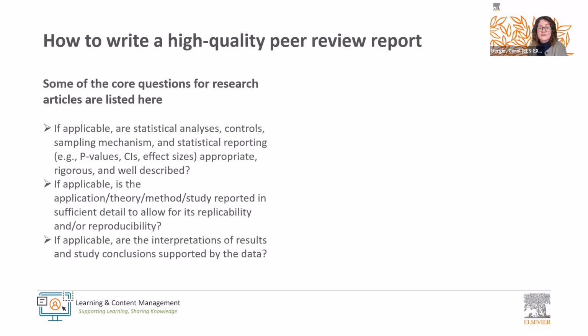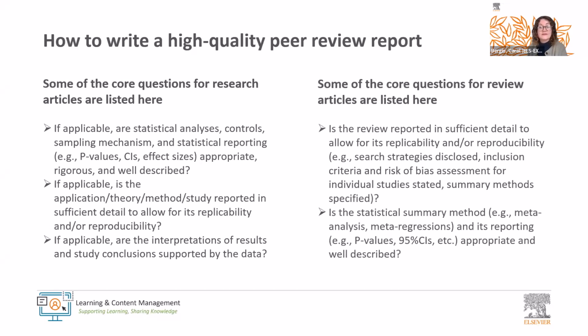So on screen, you can just see here, this follows a list of the standard question banks for different article types. So here we're looking at research articles and also review articles. Even if the journal that you're reviewing for does not make use of structured peer review, we would strongly recommend that you consider these types of questions before starting to review a manuscript.